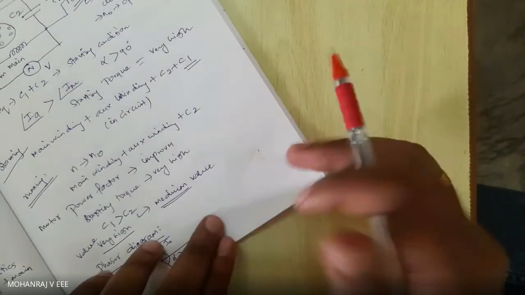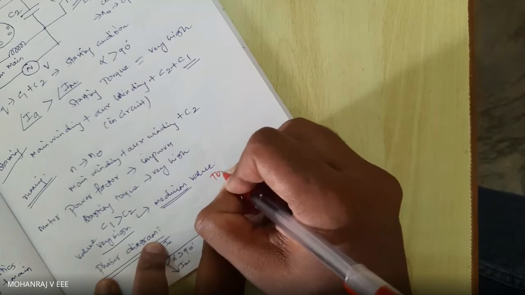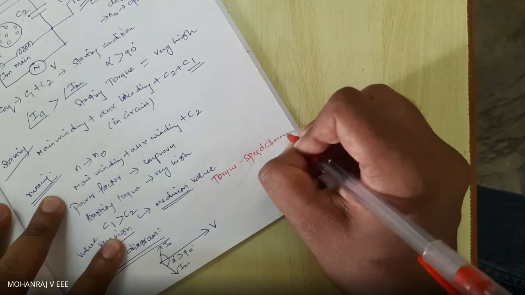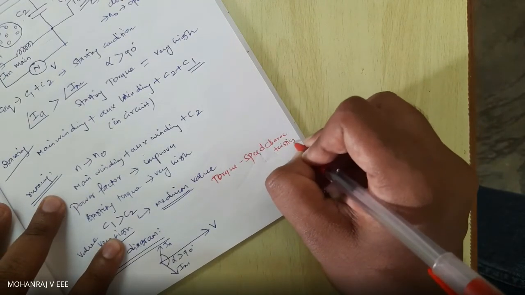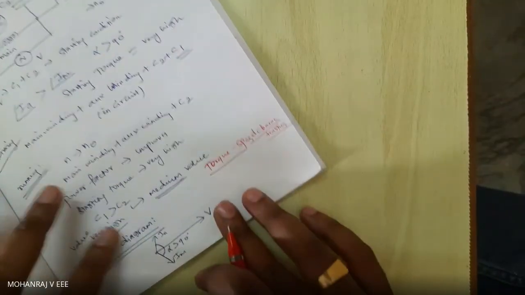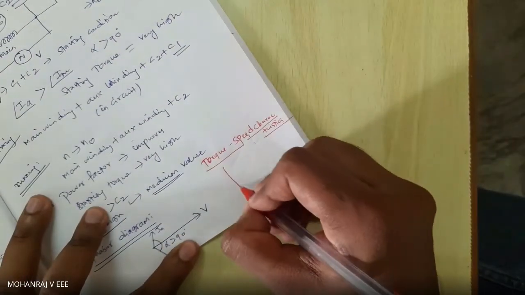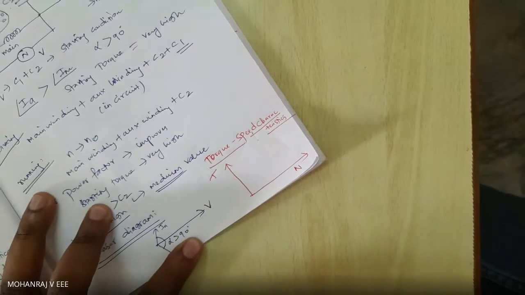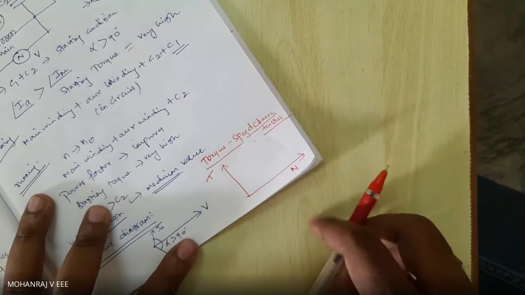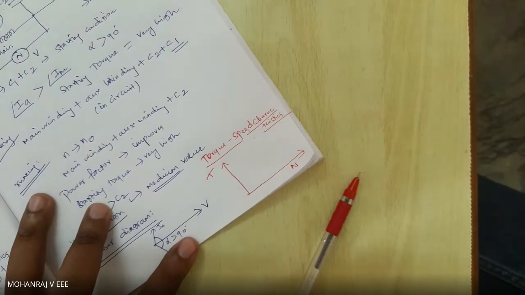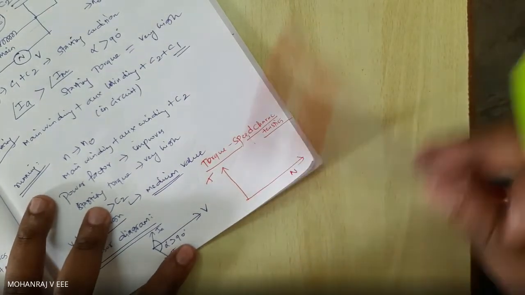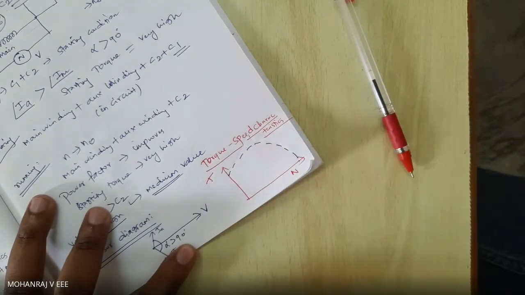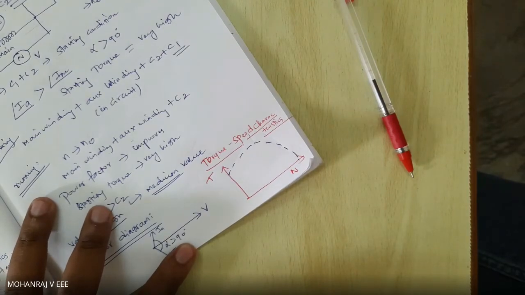Now, how about torque speed characteristics? This will be my speed and this will be my torque T. Now initially, say this is with both main winding, auxiliary winding, C1 plus C2.